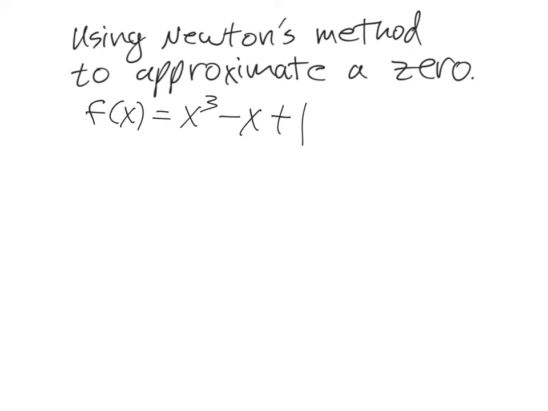If it's just a quadratic, we could find the exact value either through factoring or the quadratic formula. But with a cubic, we don't have the cubic formula. There actually is a cubic formula, but it's really wild. We're not going to worry about that. But just to show you Newton's method of approximating what the solution to this would be.